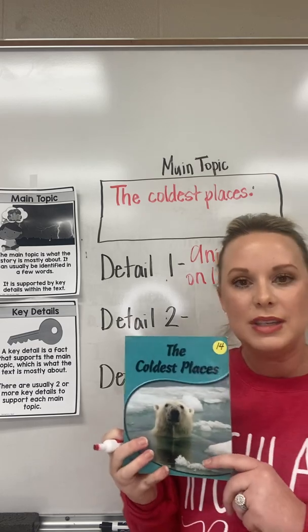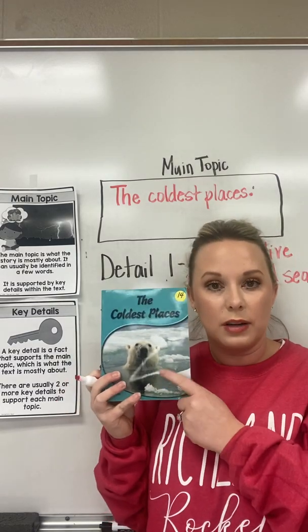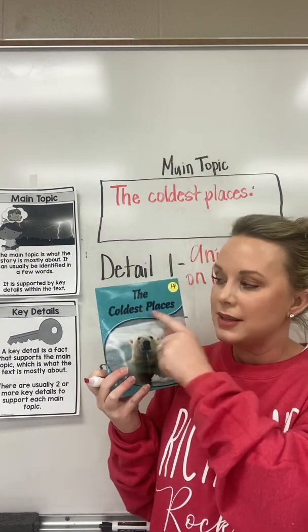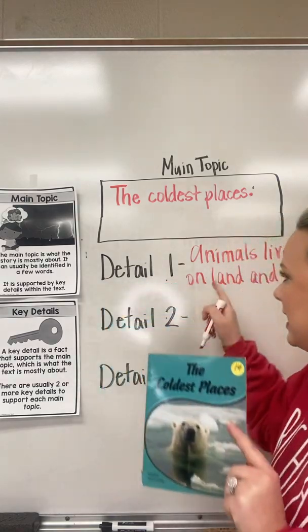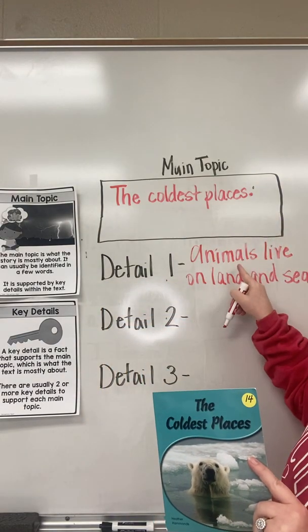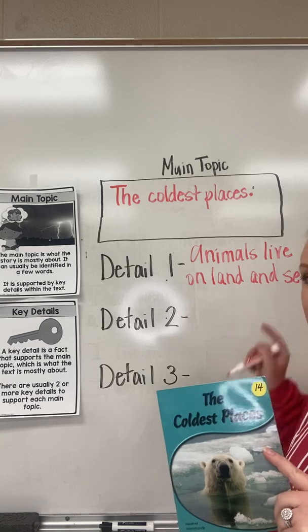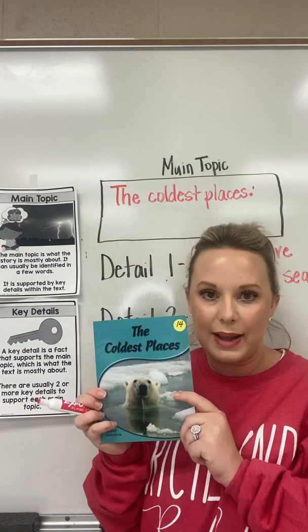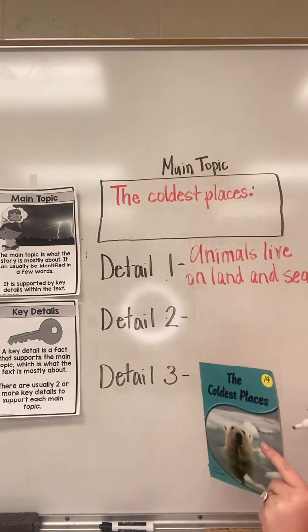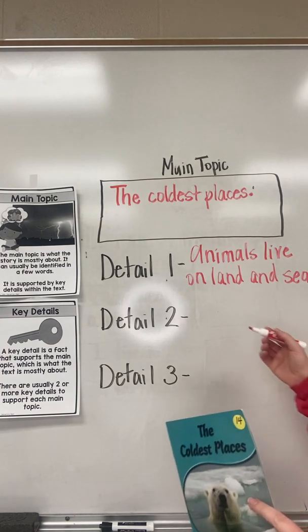That is one detail that I learned in this book. This book is about the coldest places, and in this book I learned that animals live on land and sea in cold places. Okay, here is another detail that was important.